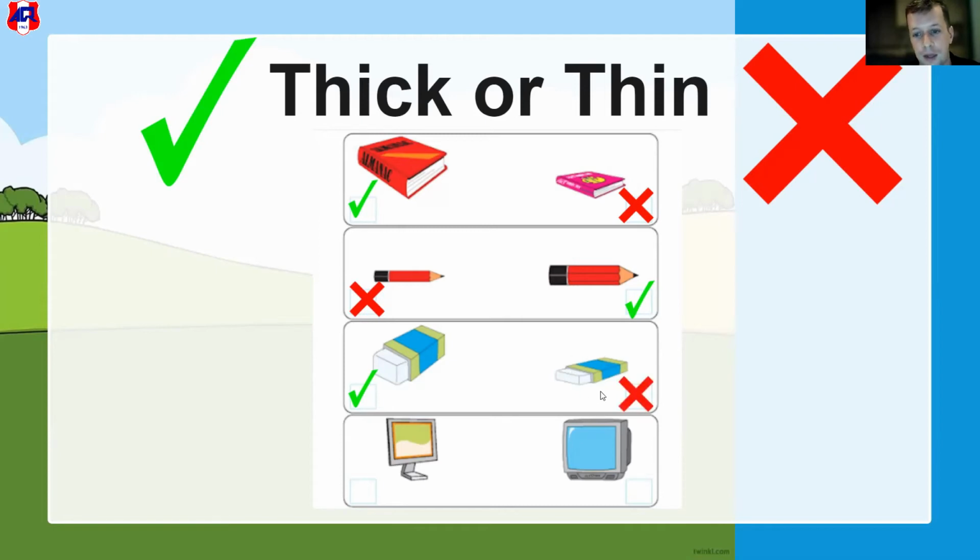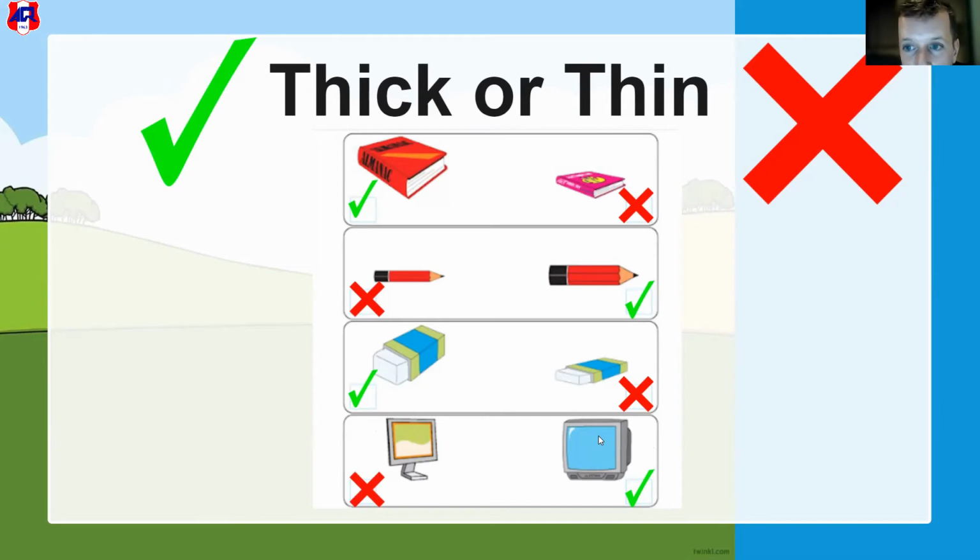Very good. Okay, then we have two different monitors or TVs. Let's say TVs, okay? This TV, do you think it's a thick or a thin TV? Very good. It's a thin TV. And the last one is a thick TV.